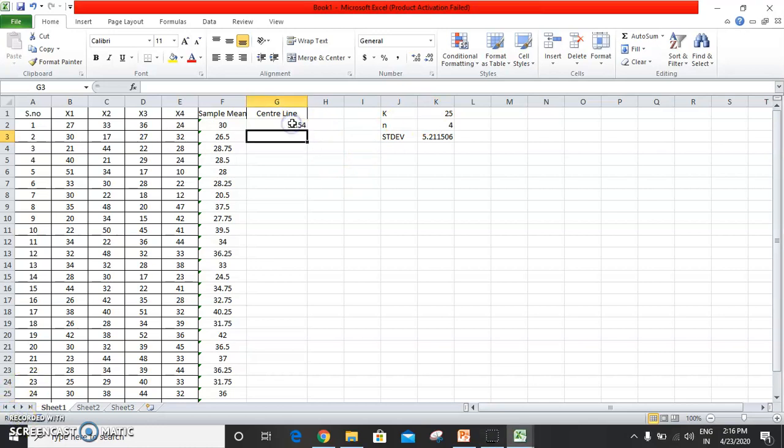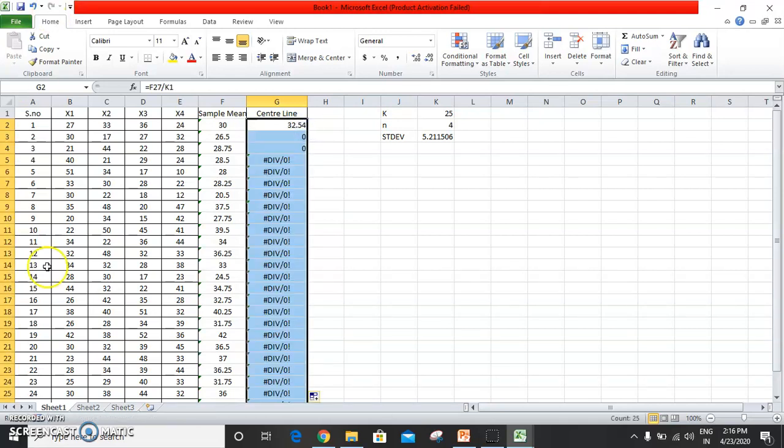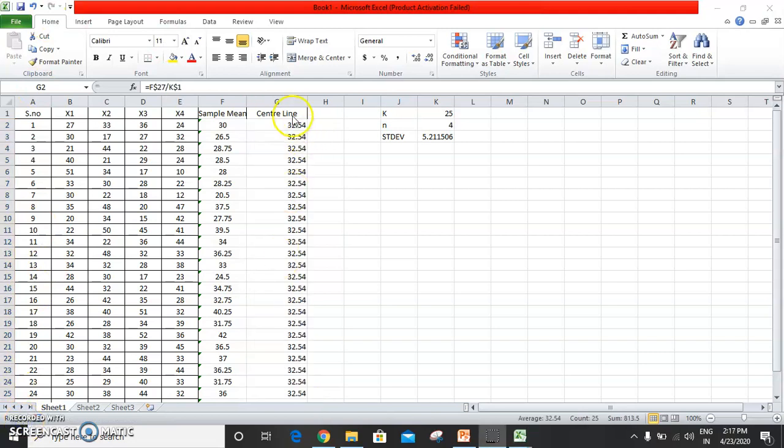This value of central line is applicable for all the observations. One more thing: when we calculated the value we did it in the first cell, and it is going to be the same for all the values. For that purpose you have to put the dollar sign in front of your cell number so that the values will be constant and won't change for the other cells.